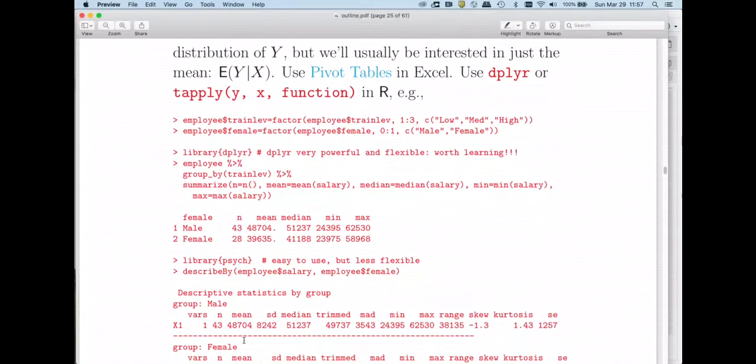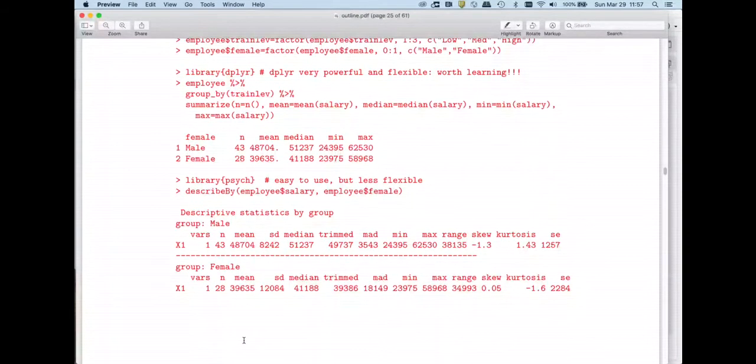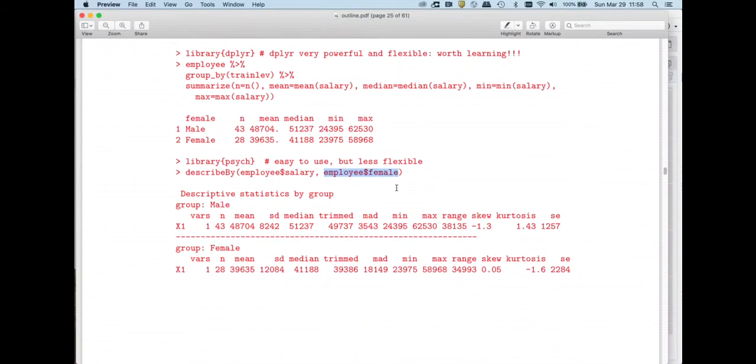I'll just mention another way of doing this, and it's with the psych library again. We're going to use the describeBy function. With describeBy, I give the variable I'm interested in, my y, and then I give the x variable, in this case female. What you get are all the descriptive statistics that we usually care about, computed for both males and females.